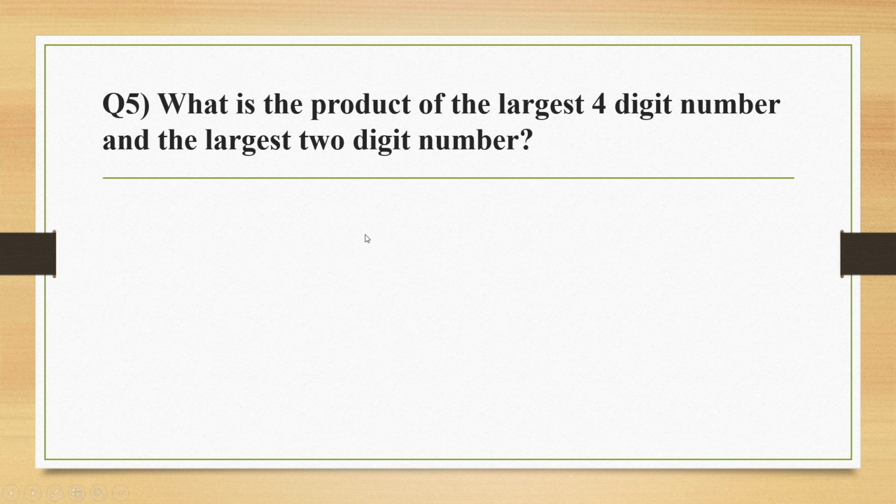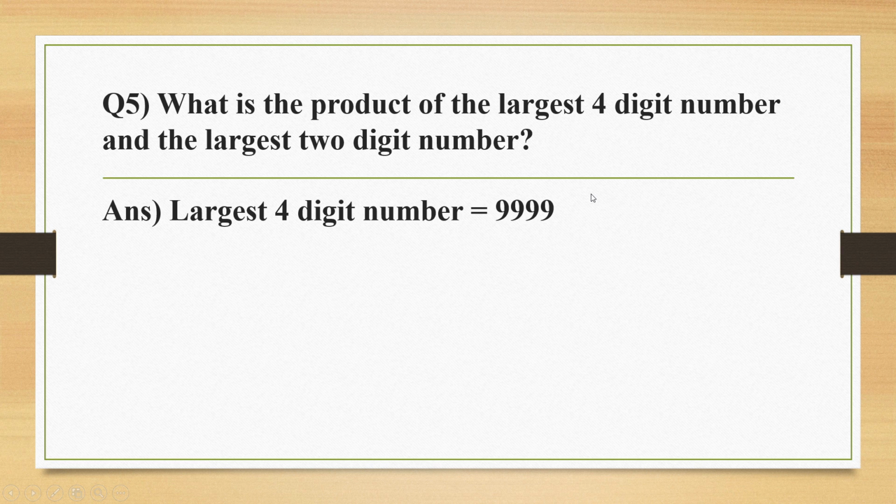So when we are discussing the largest 4-digit number, what must come to your mind? It's nothing but 9999. So 4 times we just need to write nines. 9,999 is your largest 4-digit number. Okay. So the largest 2-digit number is 99.